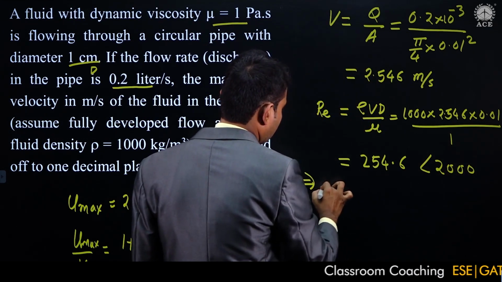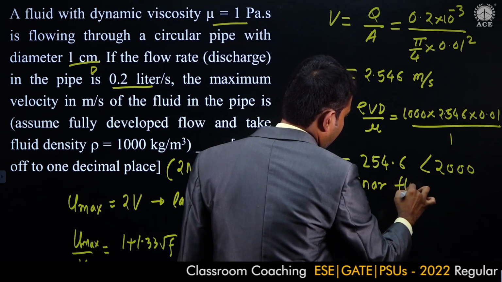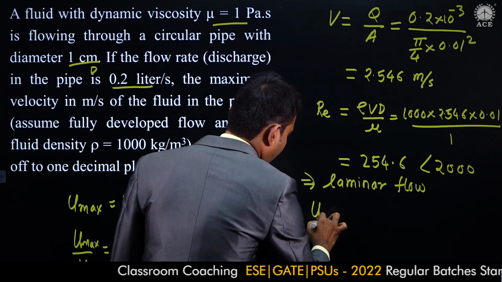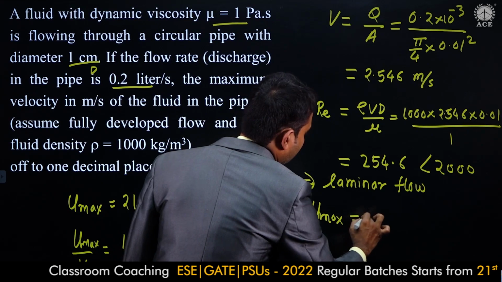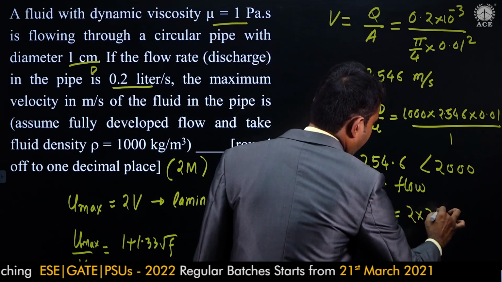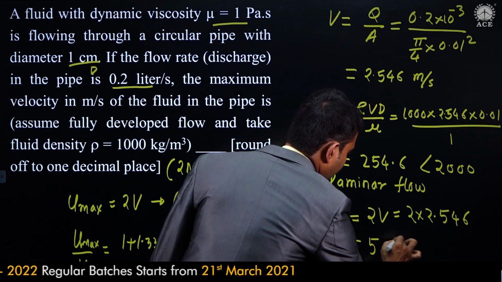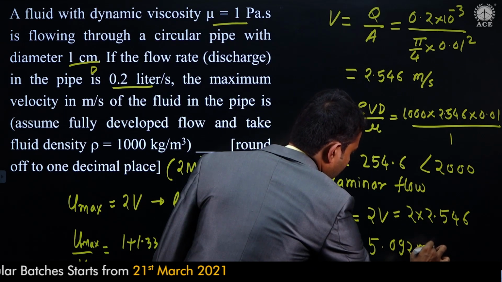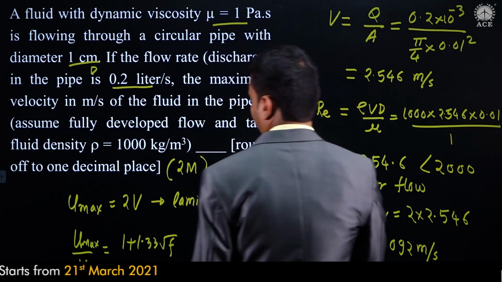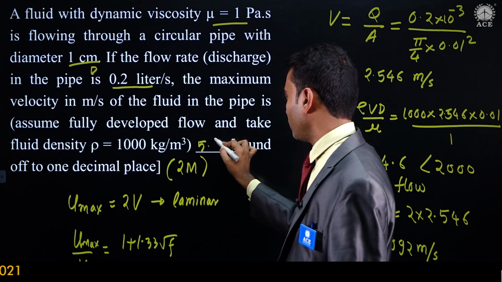So this means the flow is laminar flow, right? So for laminar flow, maximum velocity is 2 times the average velocity. So 2 into 2.546, this will be 5.092 meter per second. So he's asking to round to 1 decimal place. So you should enter the answer as 5.1.